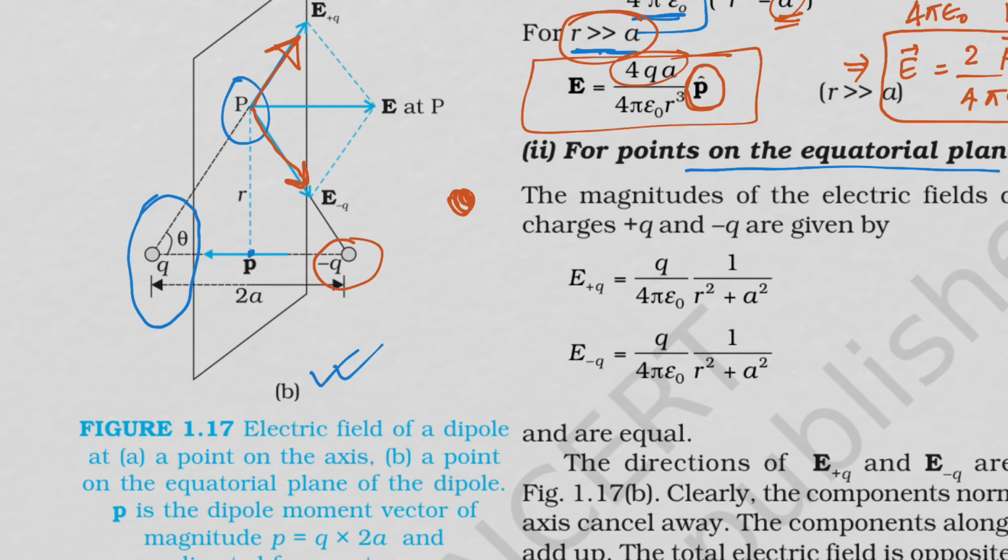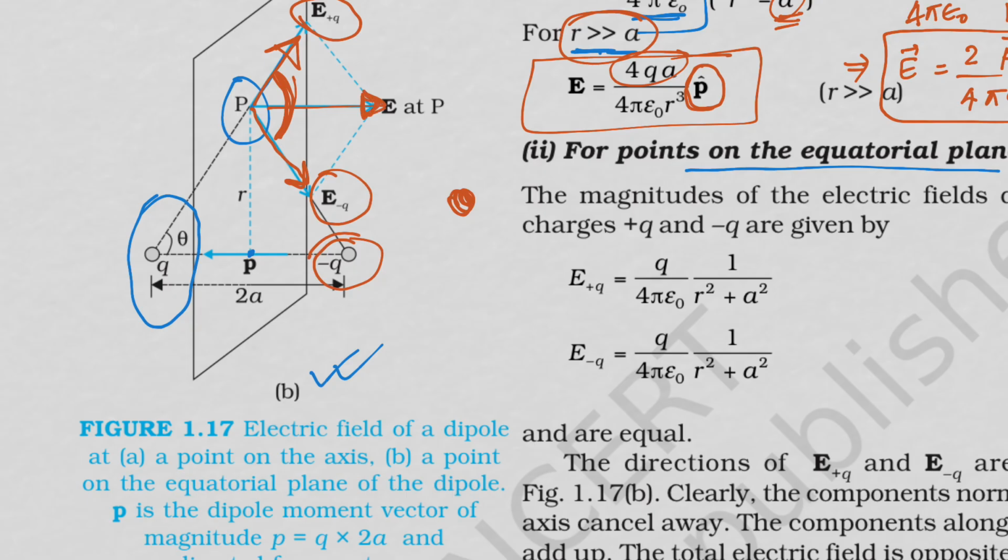Alright? And these are the two fields, E for the positive charge and E for the negative charge. And then the final electric field is somewhere in between these two vectors. As you know from the vector rule, the resultant vector is always within the range of the shorter angle. Alright? So this is the final vector.